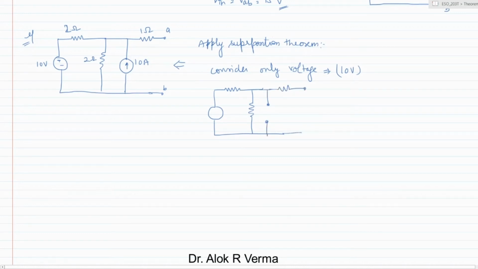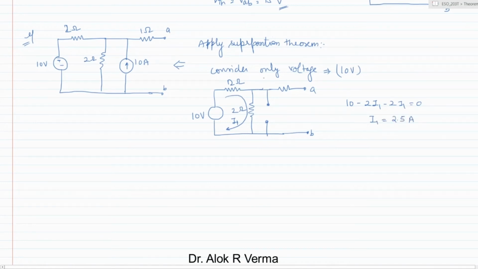So this is 10 volt, this is 2 ohm, this is 2 ohm, and A and B. If we apply the KVL in this loop, suppose this is the current I1, so 10 minus 2I1 minus 2I1 is equal to 0. So I1 is nothing but 2.5 ampere.